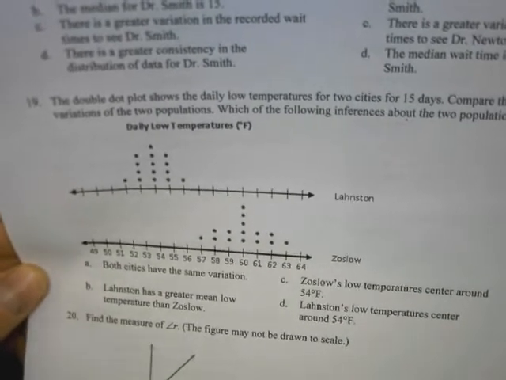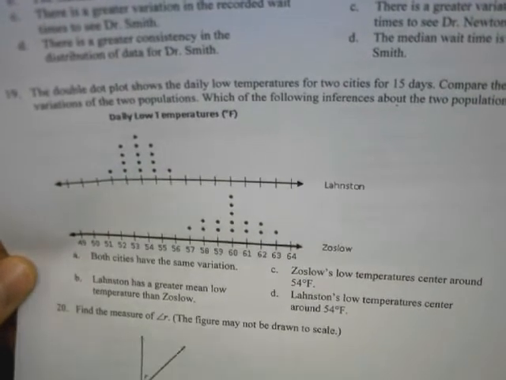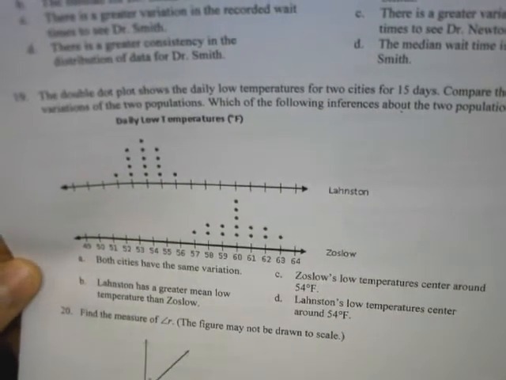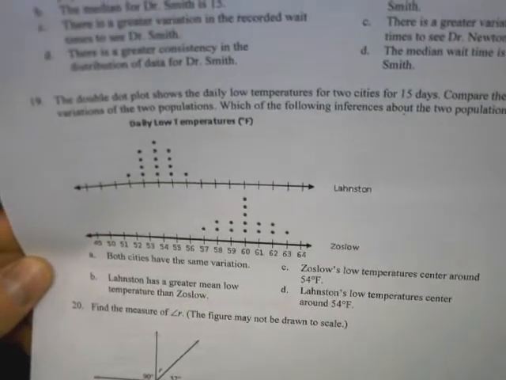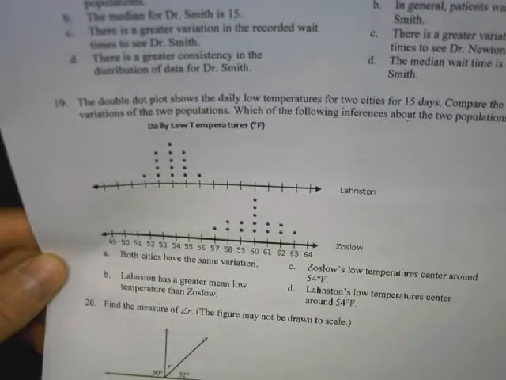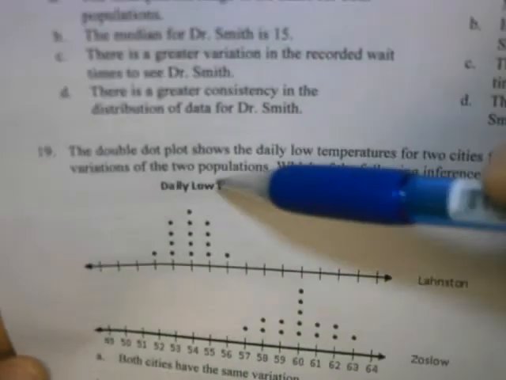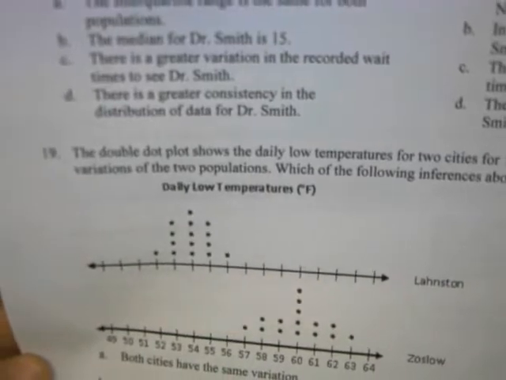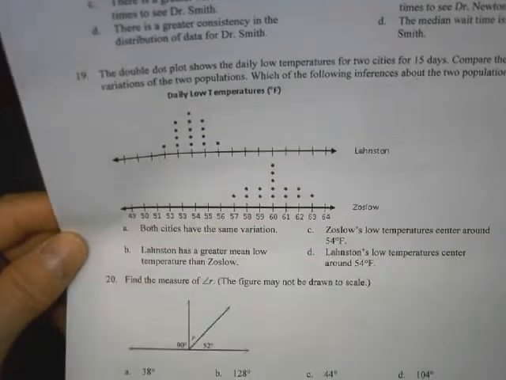B, it says Lanston has a greater mean low temperature than Zaslow. Now that gets confusing because they say mean and then they say the word low. But I gotta be clear here. They're saying that these are low temperatures. So don't let the word low confuse you. So let's just read it without saying low, okay?